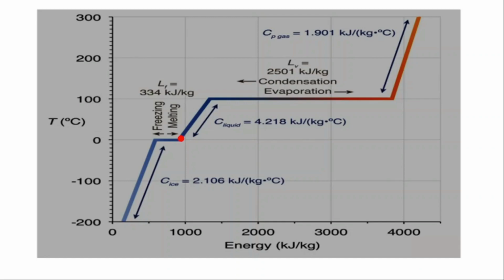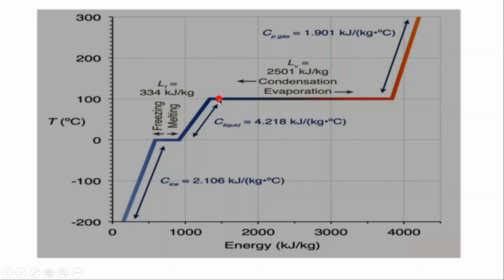Then the water at 0 degrees Celsius will increase its temperature by supplying heat up to 100 degrees Celsius. Here you need sensible heat, because sensible heat increases the temperature without changing the phase. Now this water at 100 degrees Celsius will give vapor at 100 degrees Celsius.